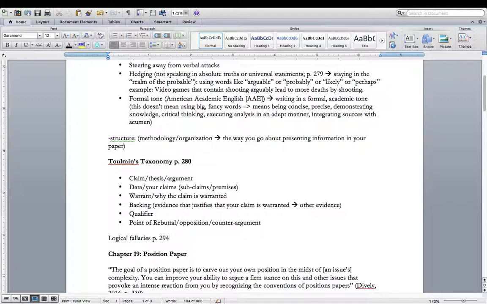They're on, sorry, I was just looking for the page number. It's page 294. Nope, 284, sorry. I just can't write well in my notebook. So on page 284, you'll see that she has another matrix or figure there, and this is part of what you're doing for that logical fallacy assignment, which I'll talk about now.